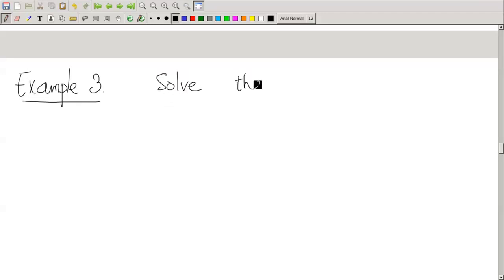Solve the ODE y fourth. This means the fourth derivative. But keep this in mind: it's not y times y four times. No, it's the derivative of y four times.